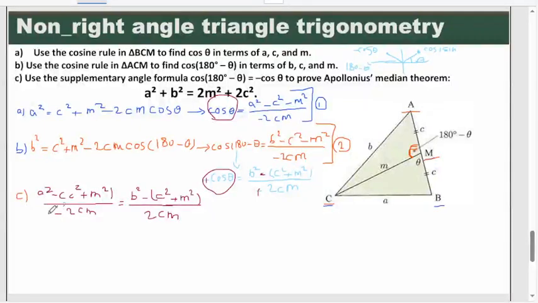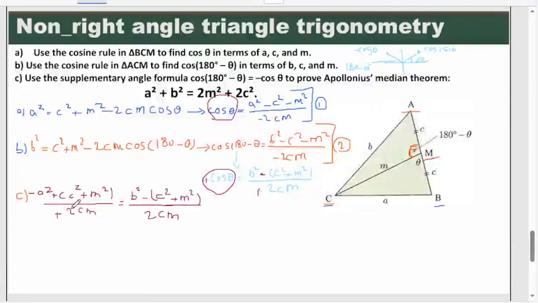Now I apply this negative to the numerator, so it becomes negative A squared plus C squared plus M squared, and undo the negative sign in the denominator.